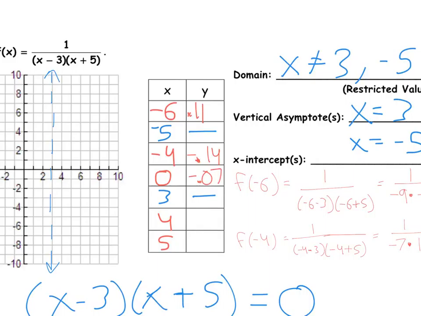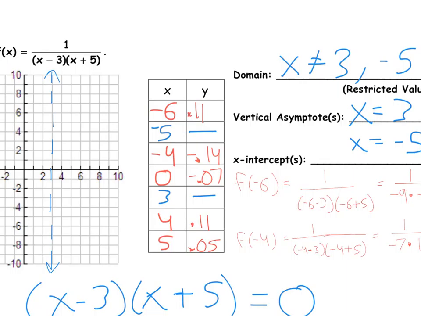Plug in x equals 4, we should get 0.11. That one's actually also 1/9, just like negative 6. And when we plug in 5, we should get 0.05. Okay.